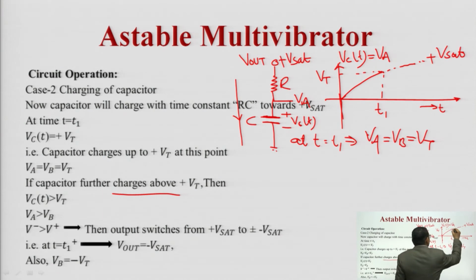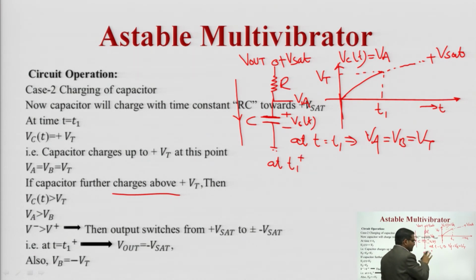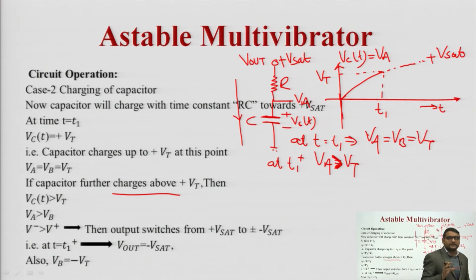Let us suppose that we consider a time T1 plus a small time, near to T1. Then Va becomes greater than Vt, and for this condition, if the capacitor further charges above it, then Vct is greater than Vt, so we can also say that Va is greater than Vt.